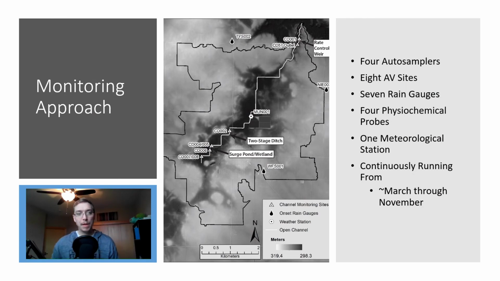So here, this was slightly different. We didn't use drones and laser scanners and things here. This was a much more applied project in the sense that we had 4 what we call auto samplers. So these are things that have a tube that runs into the water, and depending on how I program it, if it rains and the level of the water rises so far, maybe 10% of its current value, then those auto samplers will trigger.